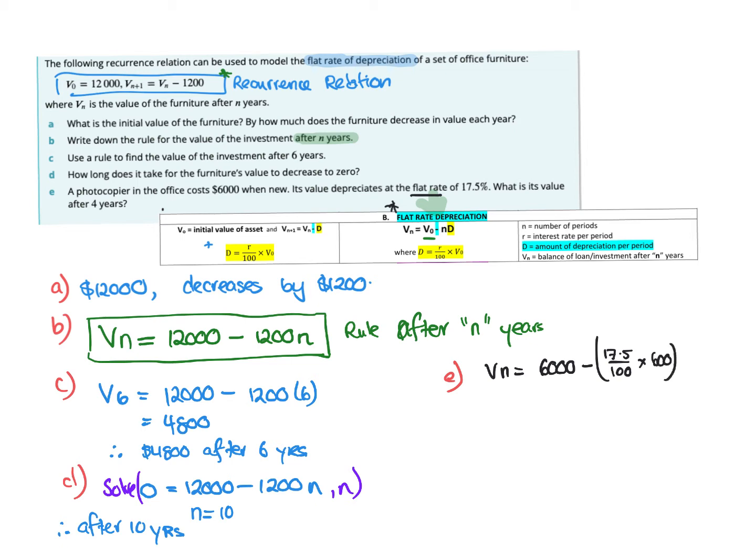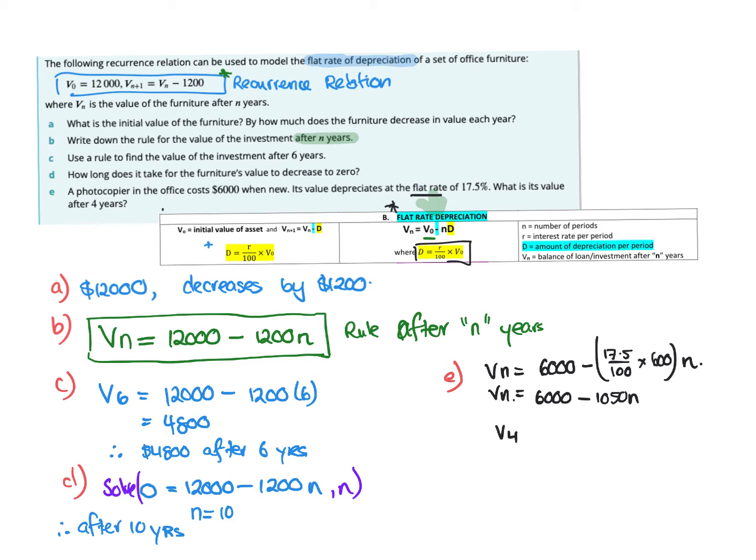So there's d, and then it'll be times n. So let's just tidy that up. What's 17.5% of 6,000? It is 1,050. Okay, and they want the value after 4 years.